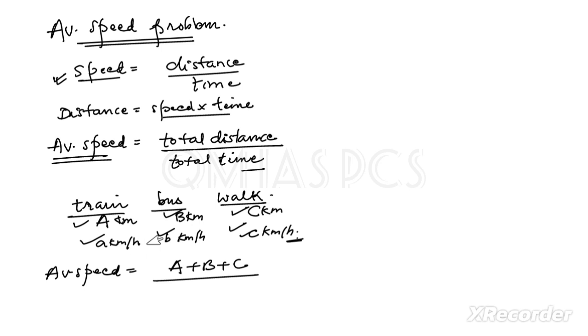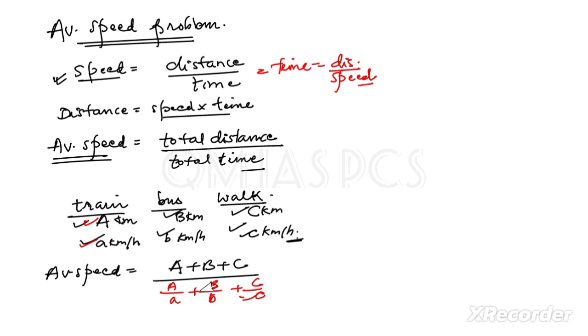But we know time is equal to distance upon speed. Here distance is given, speed is given, so can we write that one? So we can write distance upon speed plus distance upon speed plus distance upon speed.